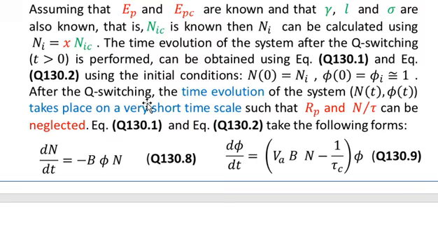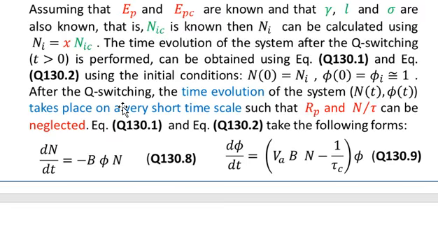After the Q switching, you know that the time evolution of the system is determined by these two parameters, that is N as a function of time, inversion as a function of time, and the number of photons as a function of time. These two parameters will determine the state of the system or the time evolution of the system.